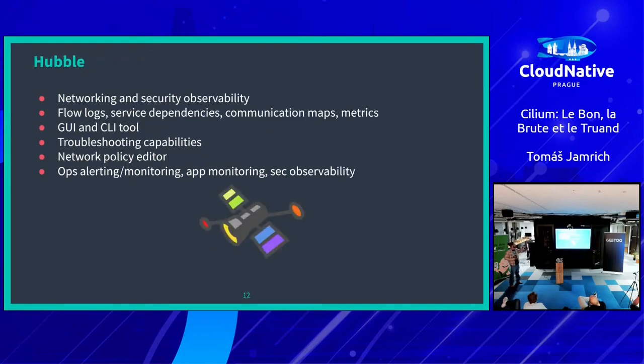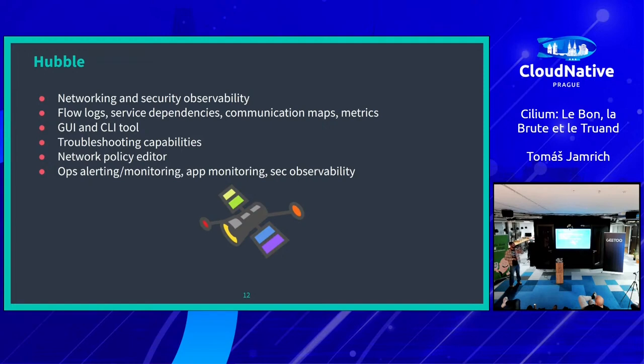Hubble. Hubble is their observability tool, so to say. Basically, when you have a technology that sits inside the kernel, you have visibility down to the level of a TCP packet. And with Hubble, you can observe what is happening, being it your pod communication, being it your service communication, being it all the packets that go through your network flow.